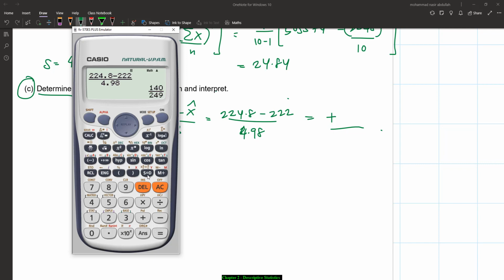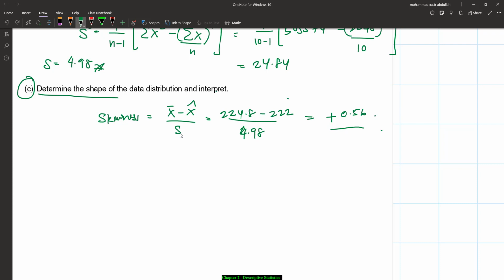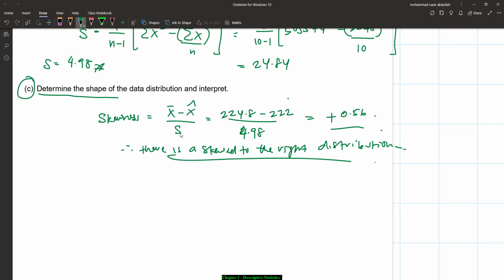So this one should be equal to 0.56. So we can see that there is a skew to the right distribution. Right? Skew to the right distribution, based on the coefficient of skewness. Right?